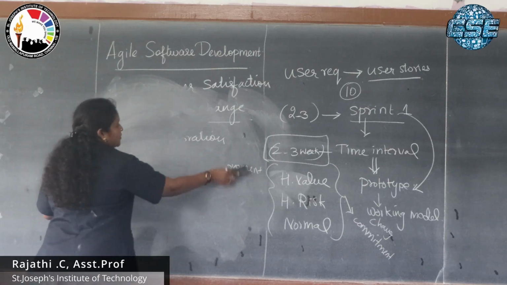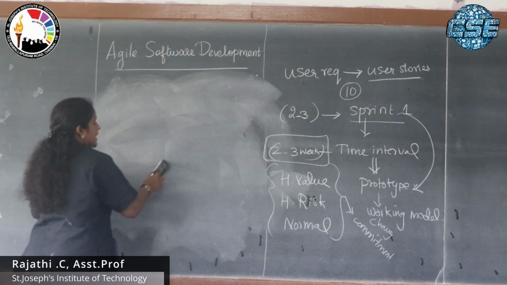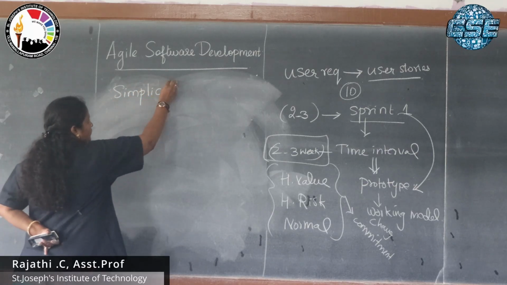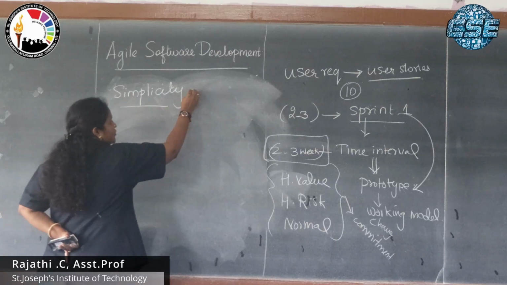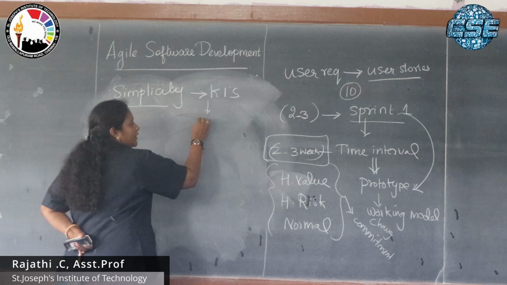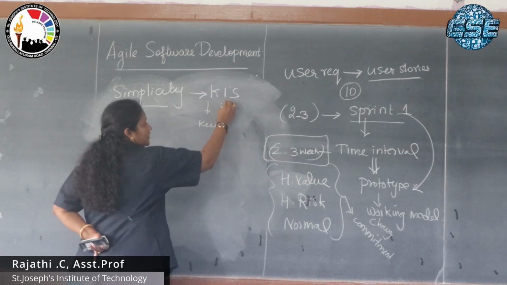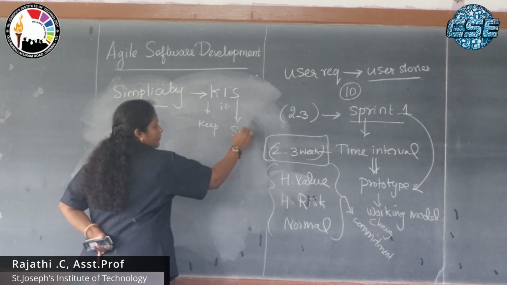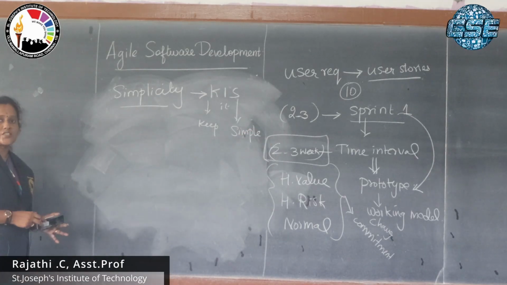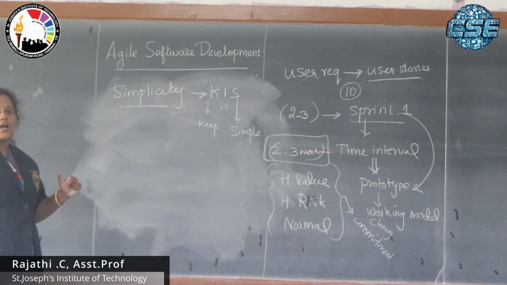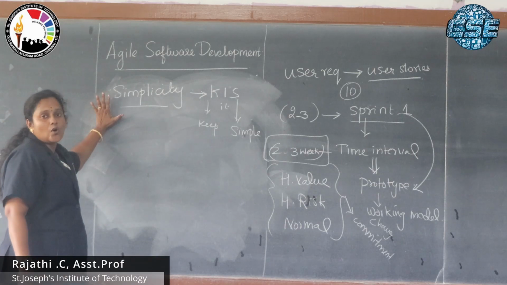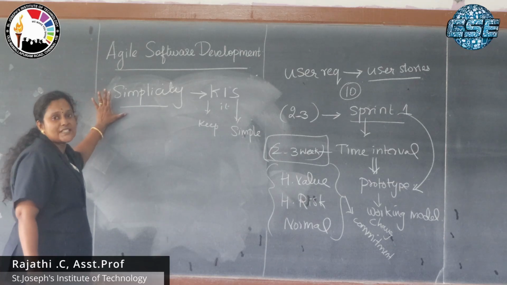Along with these principles, we have simplicity as one principle. So it is going to follow the KIS principle: Keep it simple. Instead of creating complex code and complex programs to deliver a particular software product, we always have to maintain simplicity.